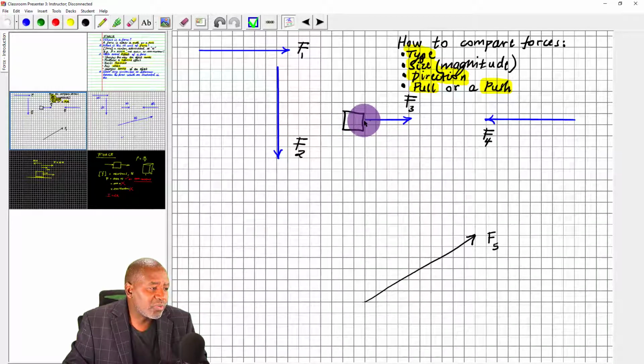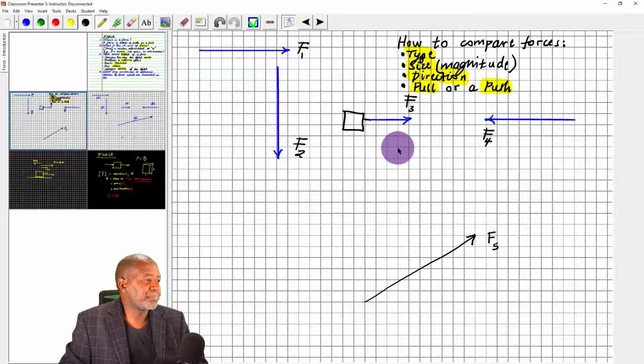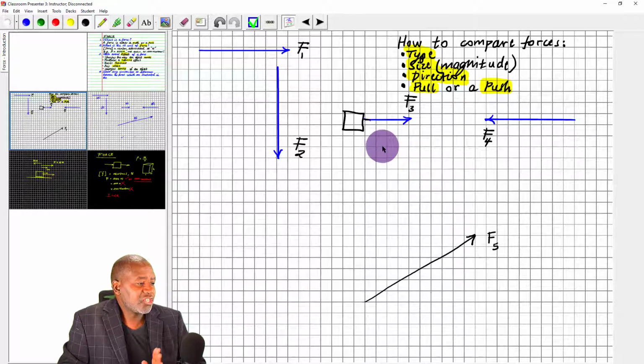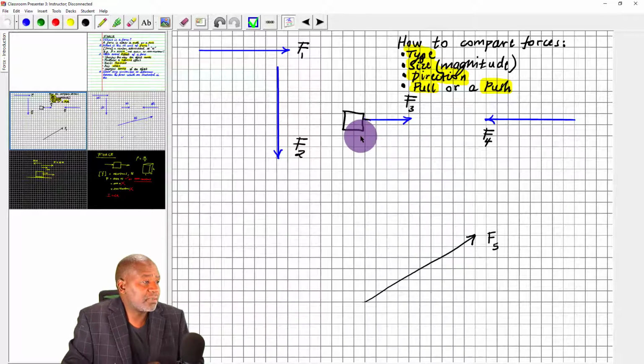First of all, this one will be a pull. But if the object is drawn in front of the arrow, it will be a push. So let's look at the differences between these forces.